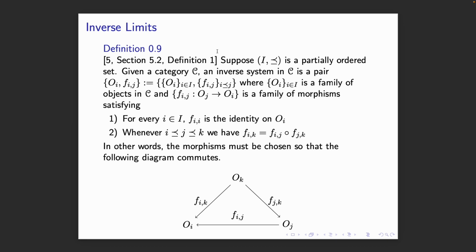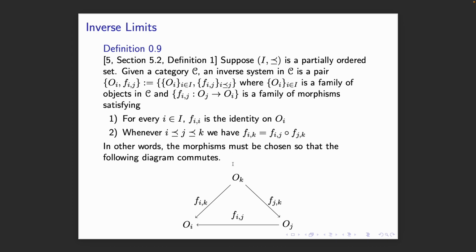So this idea relies on a framework called inverse limits. So if we have a partially ordered set, and what that means is that maybe not all of the elements are less than or equal to one another, but for any two elements, there's going to be some other element such that both of the original ones are less than it. But if we have a collection of objects indexed by this partially ordered set, and then we have functions called morphisms from the objects in the set to one another.